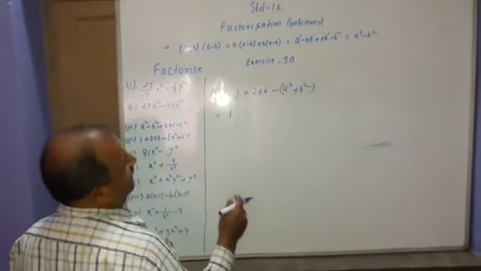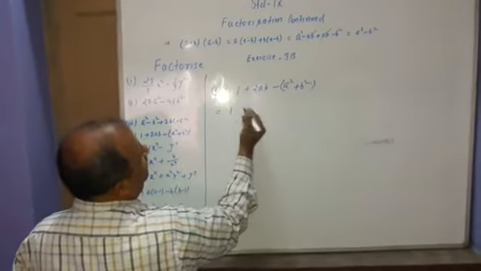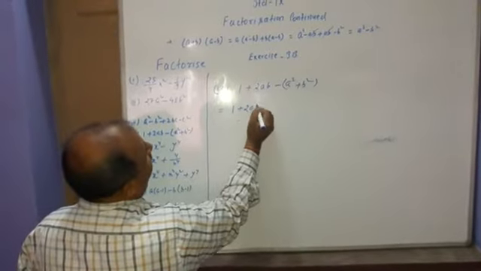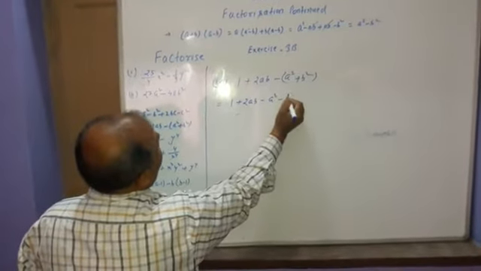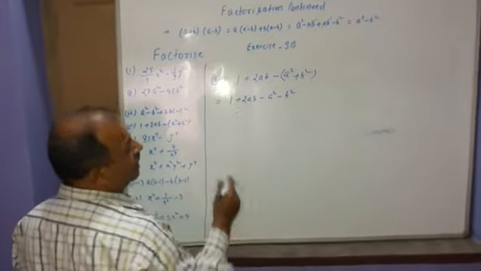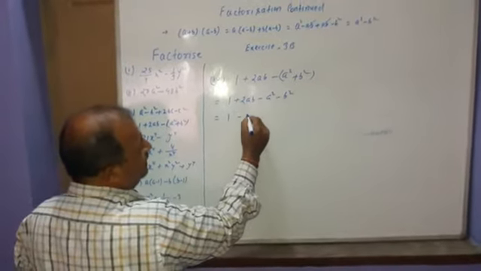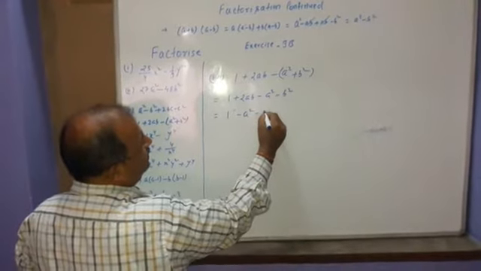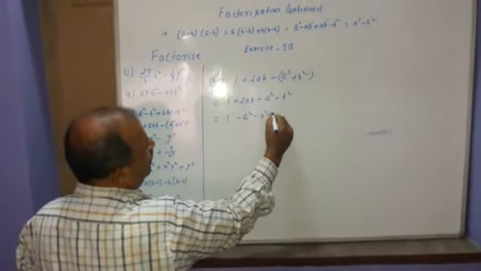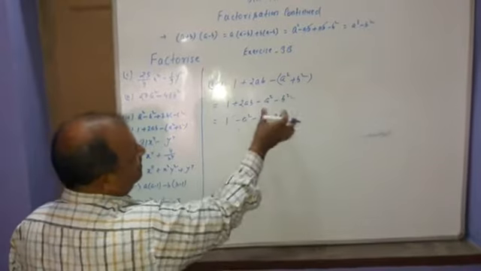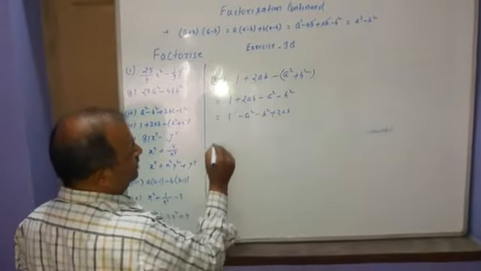This is in bracket. Now we have to break this bracket. We will get 1 plus 2ab minus a square minus b square. Now, 1 minus a square minus b square plus 2ab. We have just changed the place of these terms.